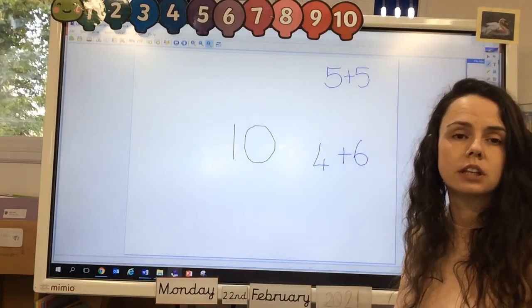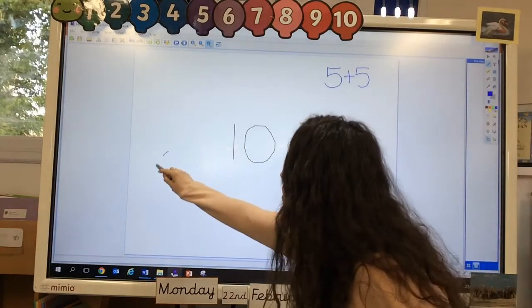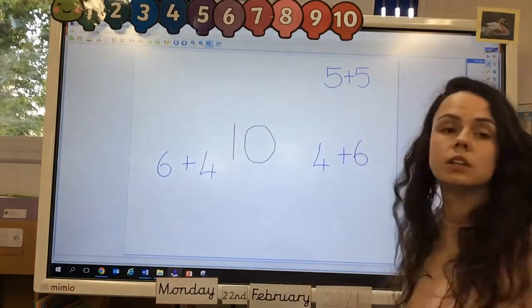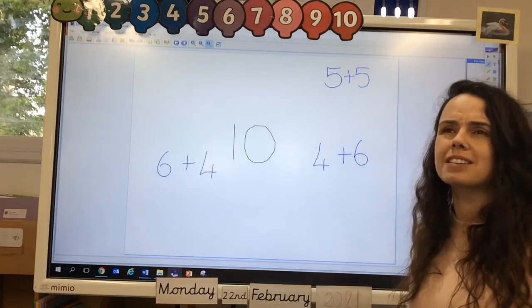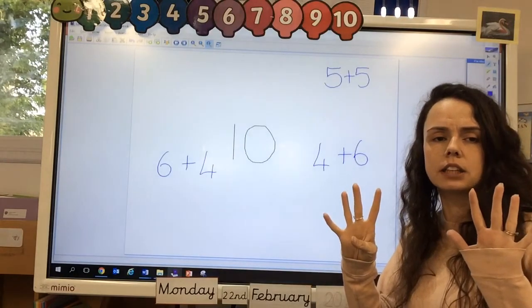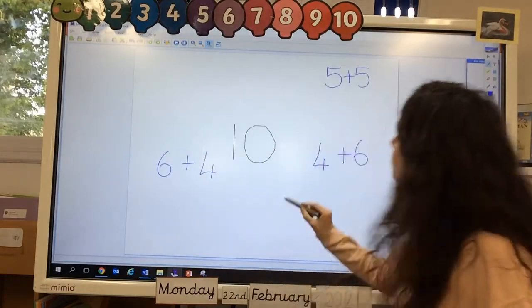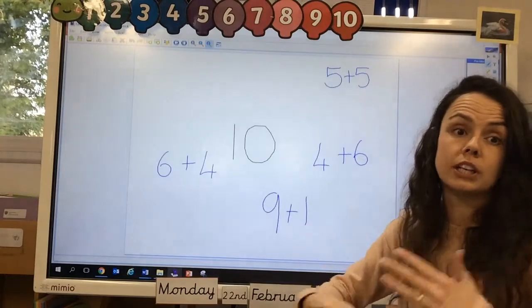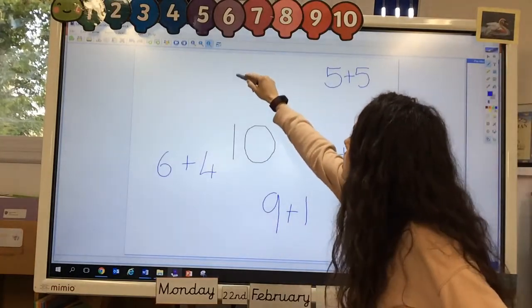How else? 6 and 4, the other way around. What did we add to 9? 9 and 1. Well done. So 9 add 1. And then we can have 1 and 9 because we know that addition is the other way around.